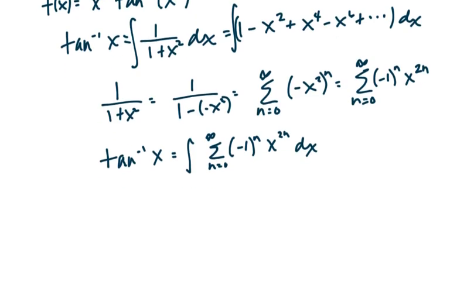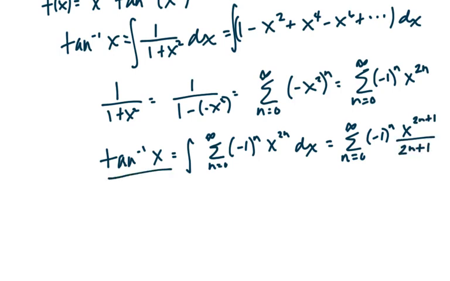And we know that really x is our only variable. So we integrate that to be the sum from n equals 0 to infinity, negative 1 to the n, x to the 2n plus 1 over 2n plus 1. So inverse tangent of x equals this power series.